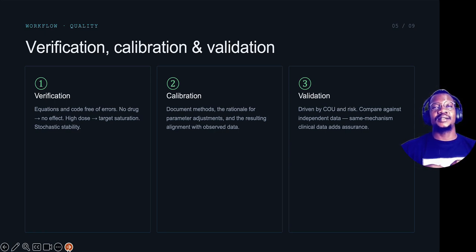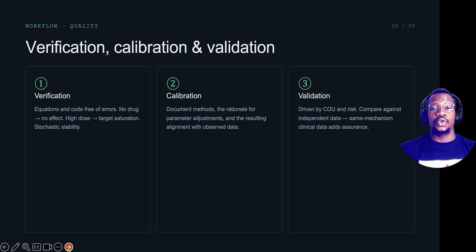Stochastic stability essentially means we should not deviate so much, as these predictions are stochastic in a way, from what we expect. I'm not saying go and force your model to make the sense that you want it to make, but it should be scientifically sound. That's all I'm trying to say.